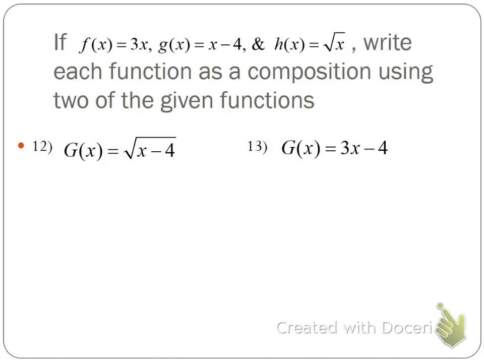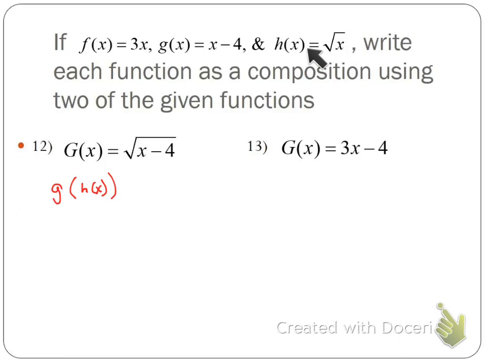Sheila, you think you see it? H of x is square root of x. How do you get square root of x minus 4? Does anybody see it? John, give it a shot. Let's see if g of h of x works.